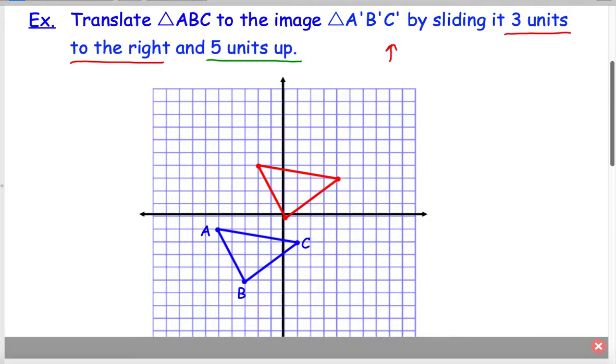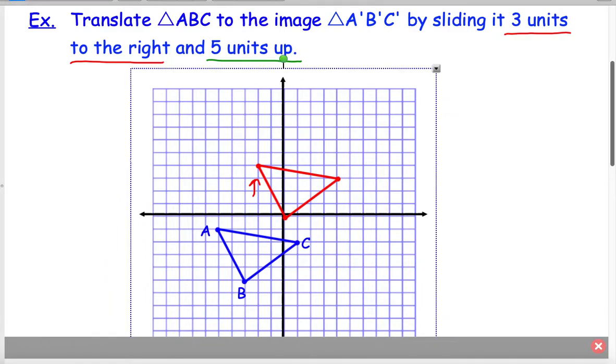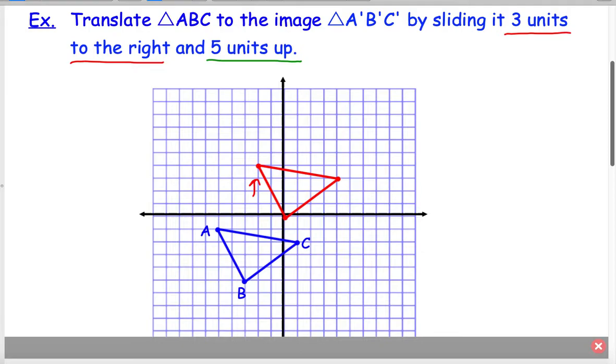And so the way you can do this is just do one point at a time. So take point A. And if I go 3 units, 1, 2, 3 to the right, and then 5 units up, 1, 2, 3, 4, 5, that's my new point. And let's label that A prime.